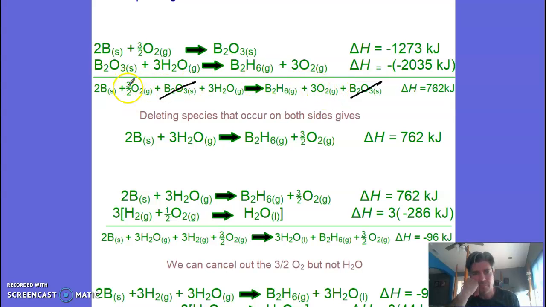Because we have 3/2 of an oxygen here, we have 3 oxygens here. Mathematically, that would be if we multiplied both sides by 2. How do we cancel that out?